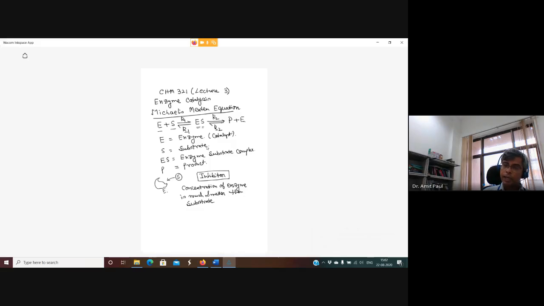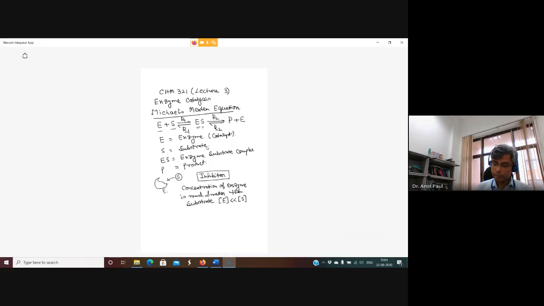Then it recovers at the end of the reaction, and enzyme concentration is usually much less than the substrate concentration. These are very important points to understand. So in short, enzyme is present in much less concentration than the substrate.